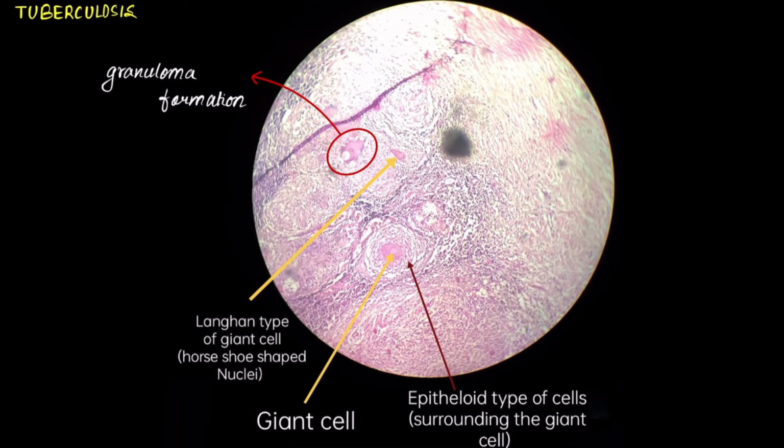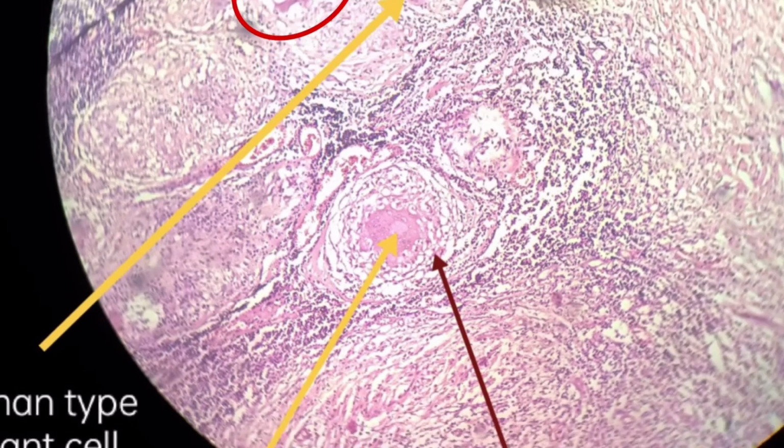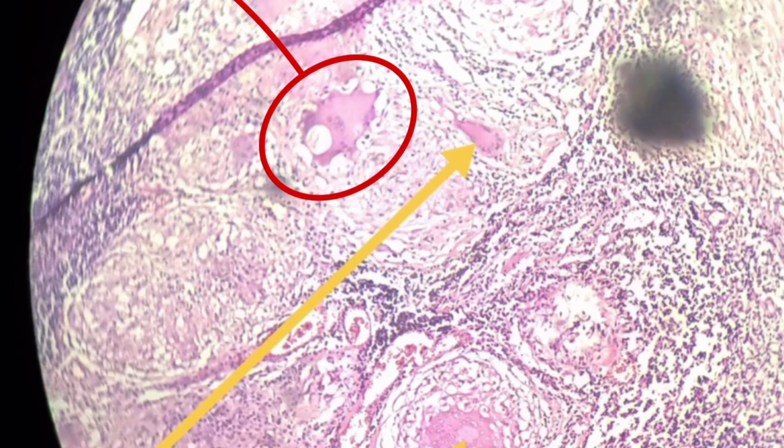In microscopy, during infection by Mycobacterium tuberculosis, you can find granuloma formation. In granuloma formation, there are centrally present multinucleated giant cells, and these multinucleated giant cells are surrounded by epithelioid cells.